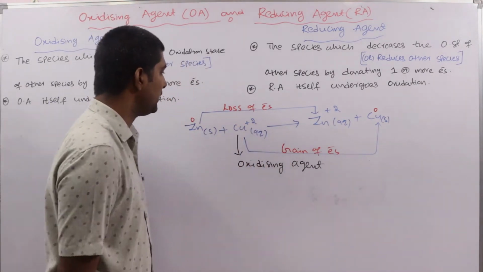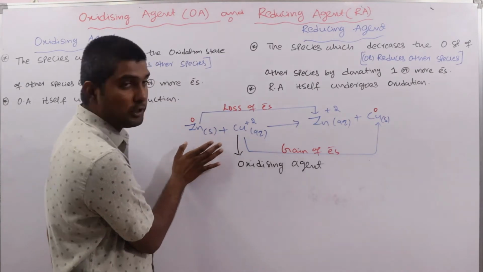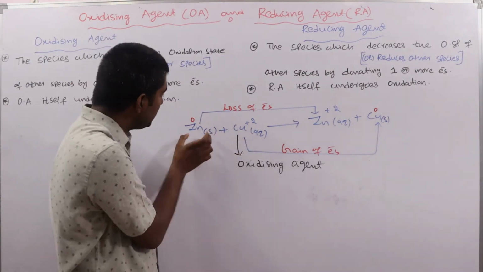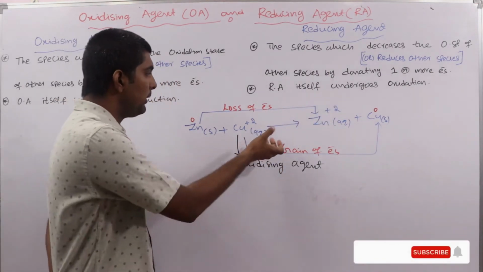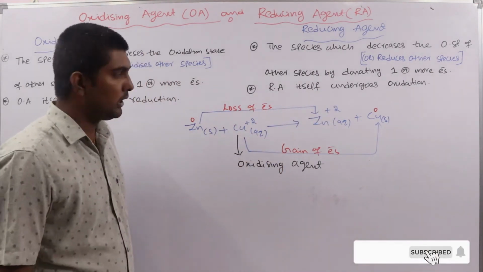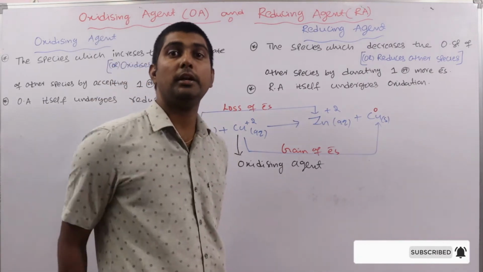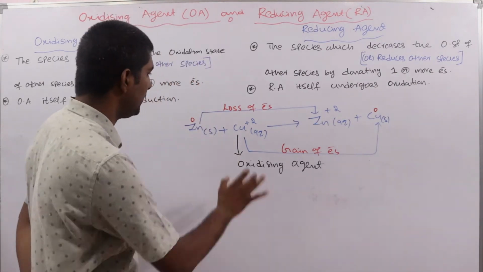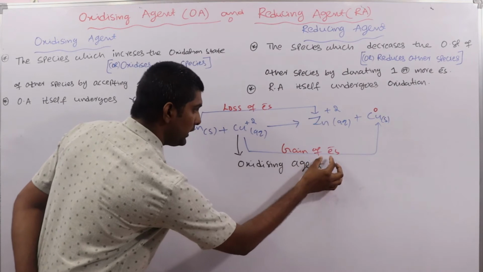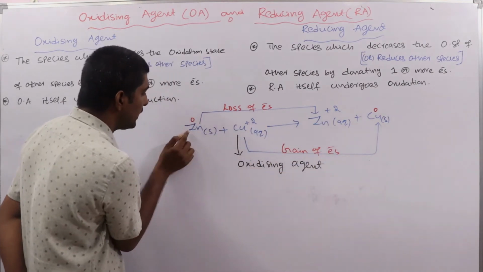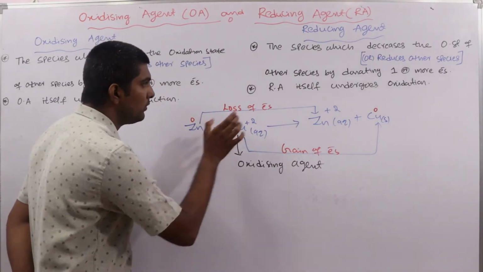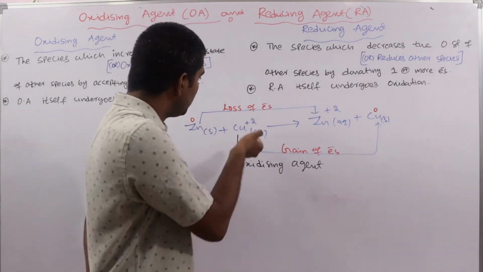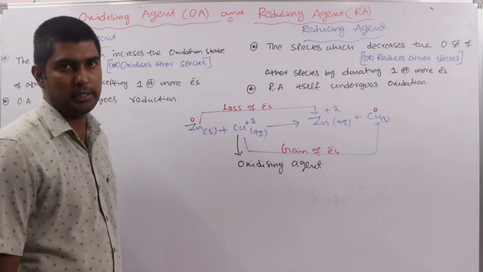What is it doing? It is oxidizing the other species. It is oxidizing zinc from 0 to plus 2 oxidation state by gaining electrons. Oxidizing agent oxidizes other species. Clear? Now this is taking electrons from the zinc and its oxidation state is changed from 0 to plus 2, means zinc is undergoing oxidation in the presence of this oxidizing agent.